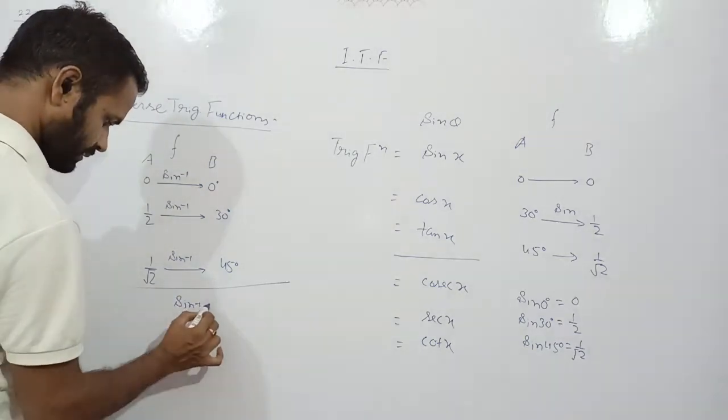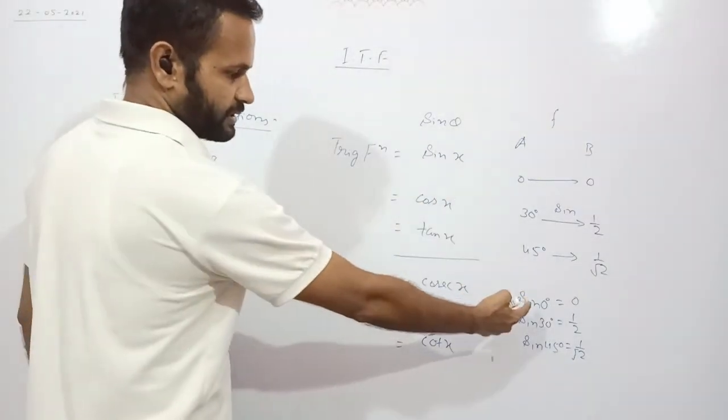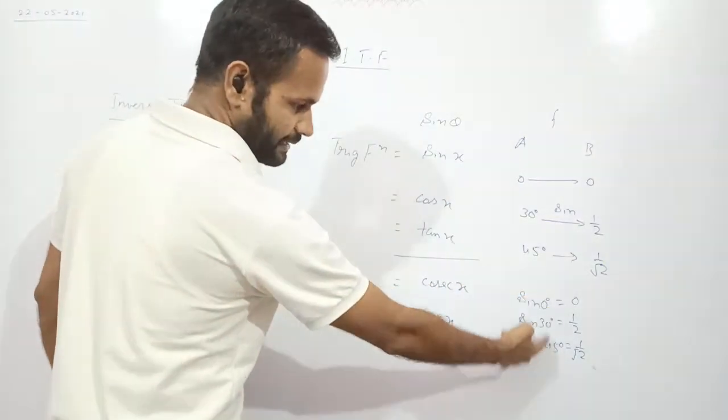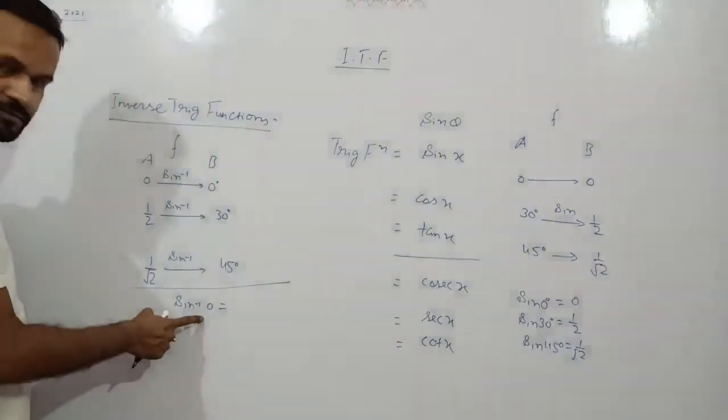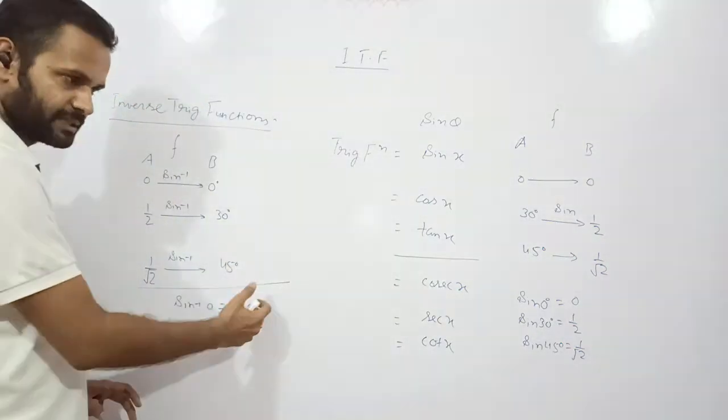So now let us write this form into inverse trigonometric notation. Sine inverse 0. In trigonometric function, we used here the angles, but in this case, we will use ratios and angles on the right side.